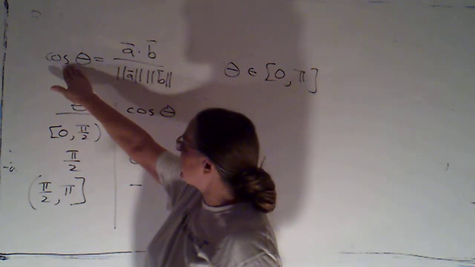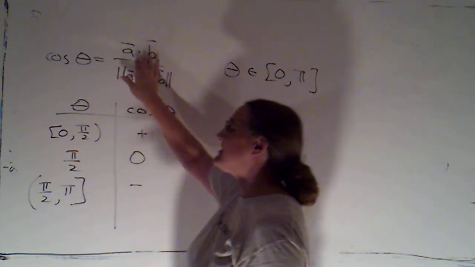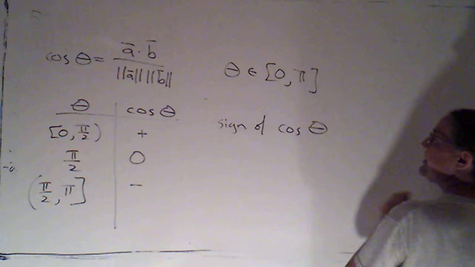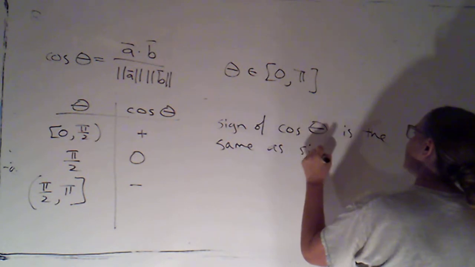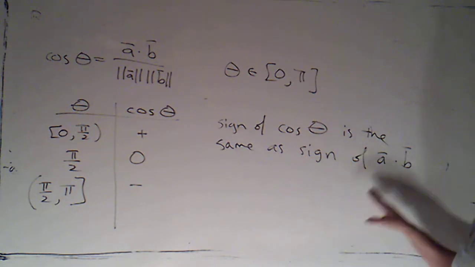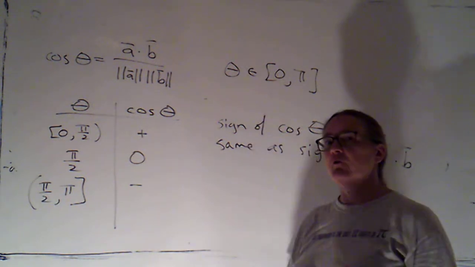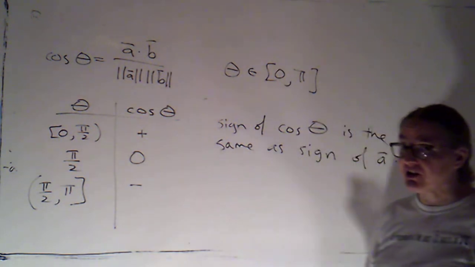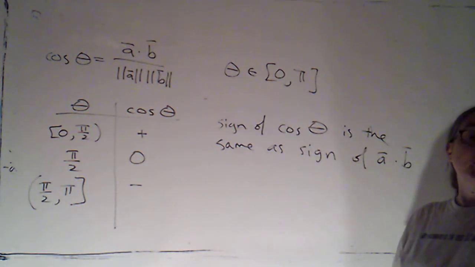So the sign of cosine of theta, the plus or minus sign, is going to be the same as the sign of A dotted with B. So the sign of cosine of theta is the same as the sign of the dot product of the two vectors. So that gives me a very quick way of telling just at a glance whether two vectors are going to meet and form an acute angle, a right angle, an obtuse angle, and I can pretty much tell by inspection if it's one of the extremes that it forms 0 or a straight angle, because in that case the vectors would be multiples of each other.